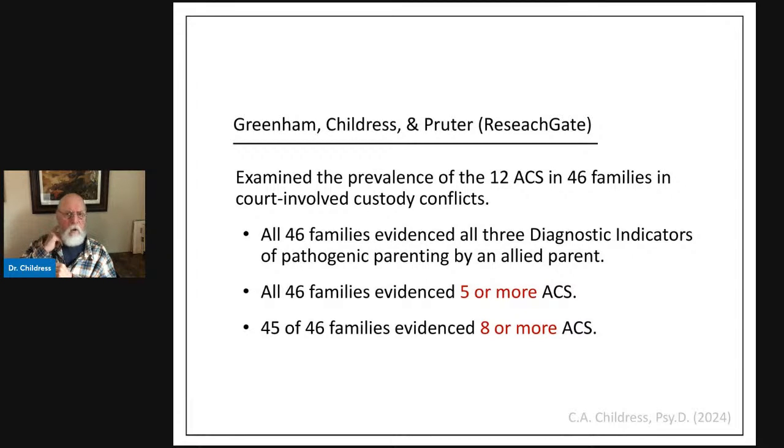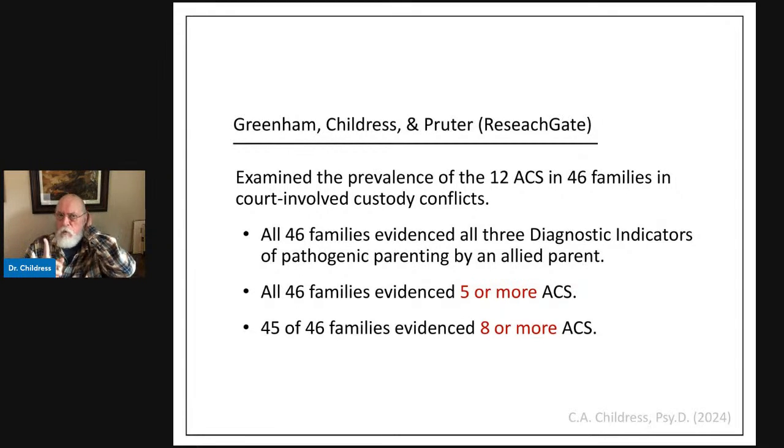Now, first off, all 46 families had the 3 diagnostic indicators. So we have a clear definition of who these families are. We have the factitious disorder, shared persecutory delusion in the family, because all 46 had the 3 diagnostic indicators of 3 impossible symptoms. So we're clear on what the pathology is that we're talking about here.